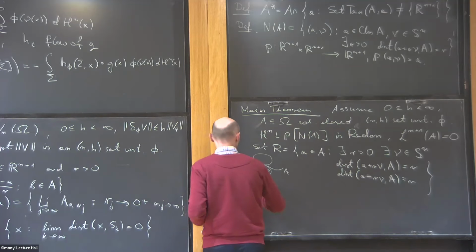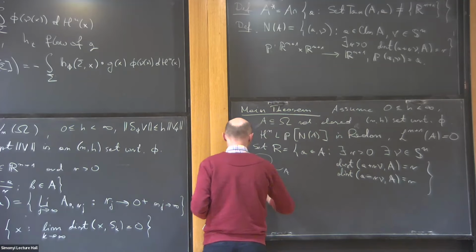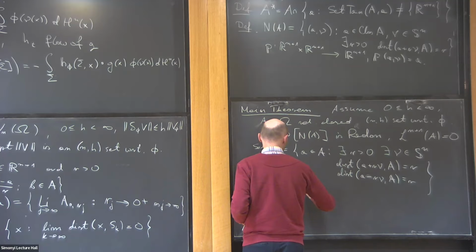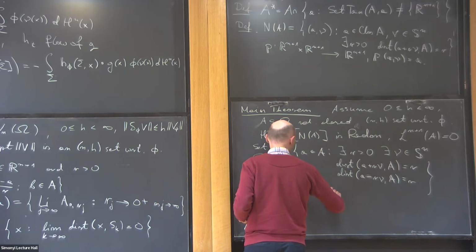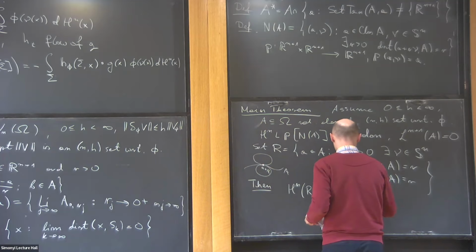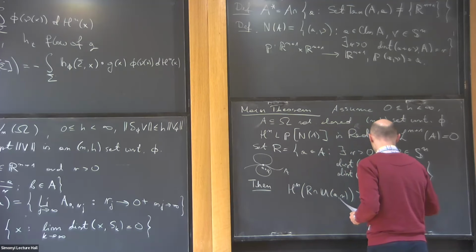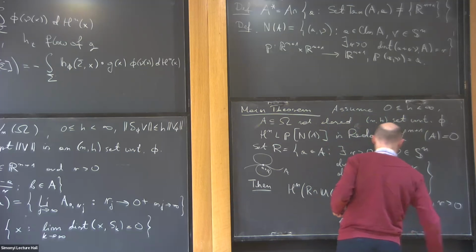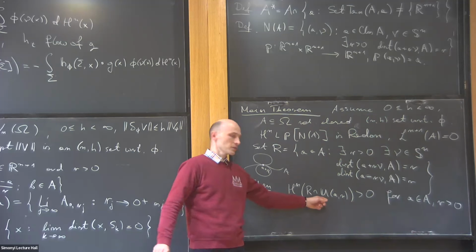Okay, so we want to look at this set. And the theorem says then, first of all, this R has positive measure. This is the open ball.